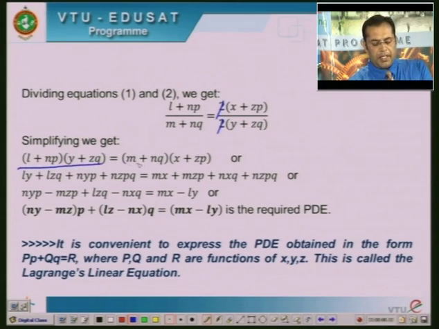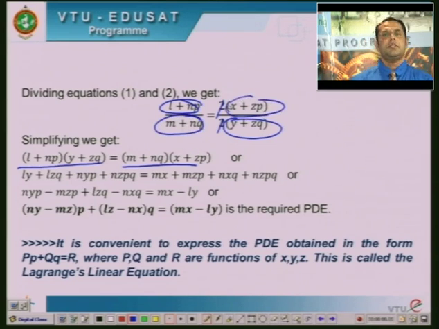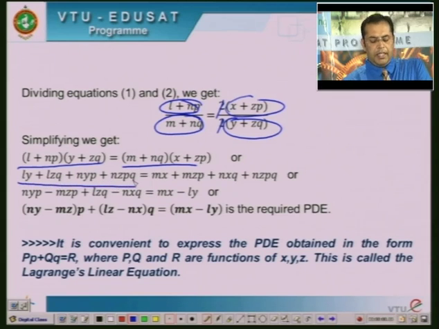Simplify by cross multiplying. So, you have (l + np)(y + zq) = (m + nq)(x + zp). Multiply out: ly + lzq + nyp + nzpq = mx + mzp + nxq + nzpq.